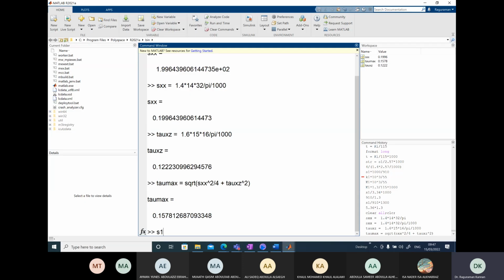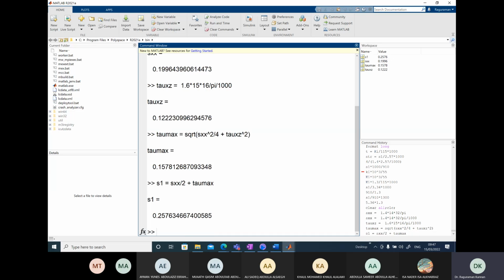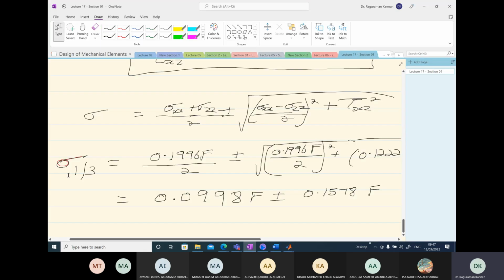S1 is the sigma 1 value, and I'm going to take sigma xx over 2 plus tau max, which gives me 0.2576 F.